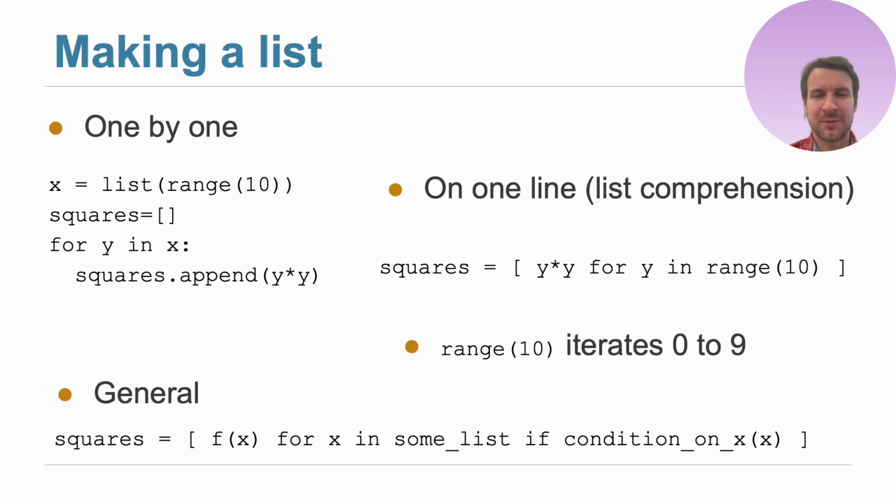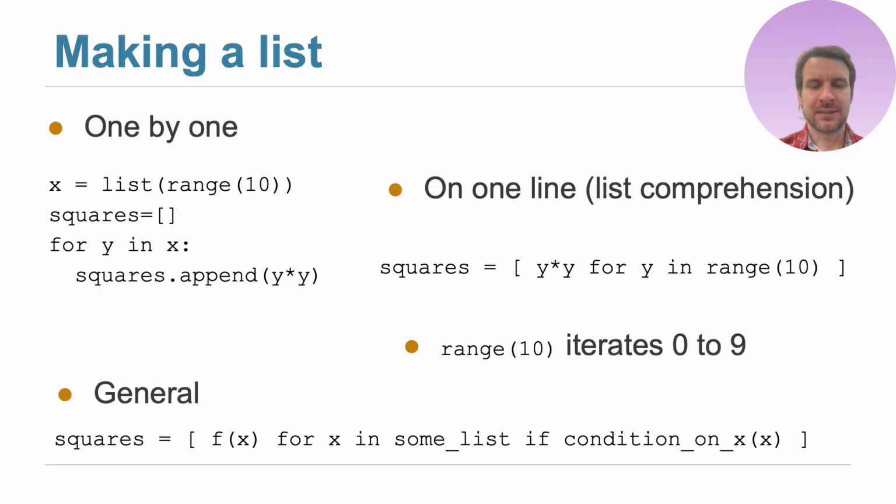This is a very cute way of constructing a list in Python, where you say squares equals, and now you put square brackets, which says I want to make a list, and then you say what the entries in the list are.